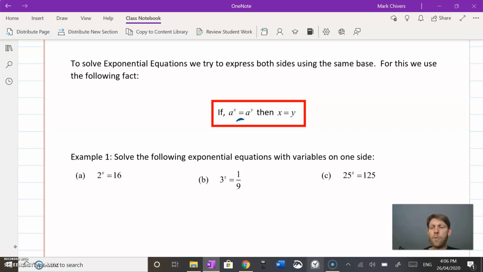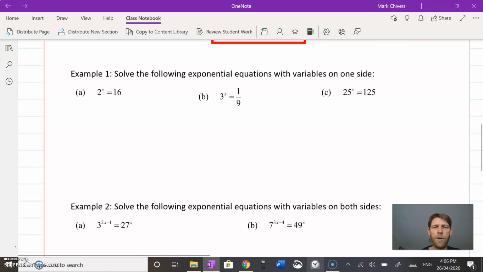Of course, in some examples, we won't have the same base. And so this is what we have here in the very first example. Example 1, 2 to the power of x equals 16. Well, let's first think, what's 16 expressed in terms of a base of 2 to some power? So 2 times 2 is 4. 4 times 2 is 8. 8 times 2 is 16.